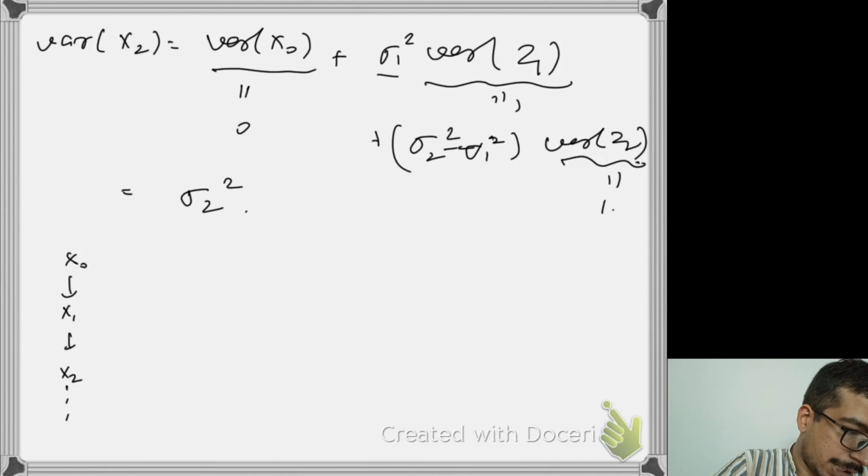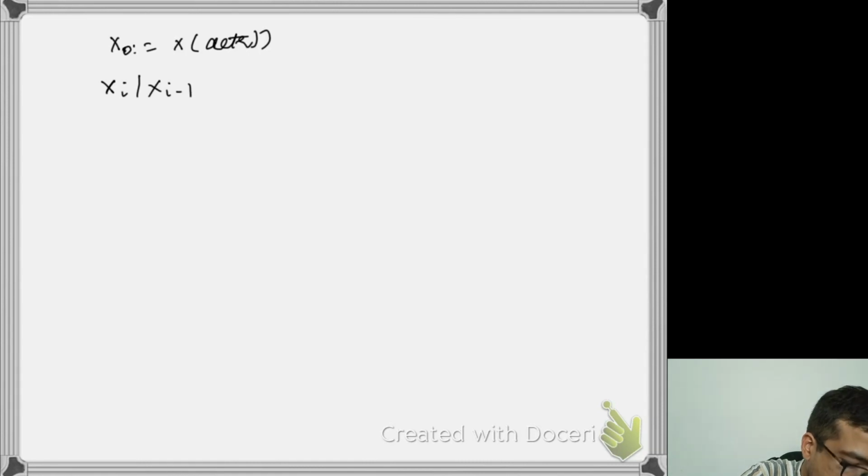Let me rewrite everything we have so far. x0 is going to be my data x, and xi given xi minus 1 is normally distributed with mean xi minus 1 and variance sigma i square minus sigma i minus 1 square times identity.